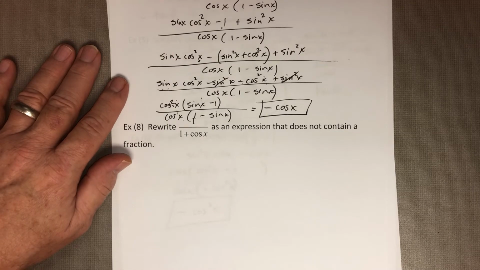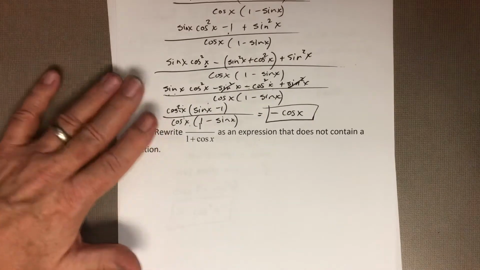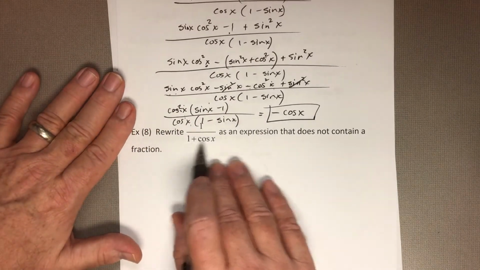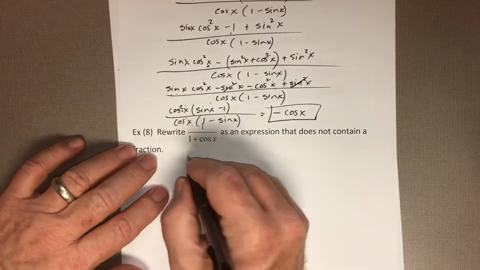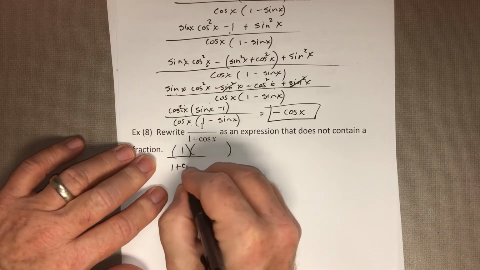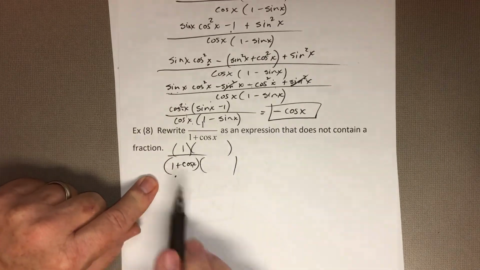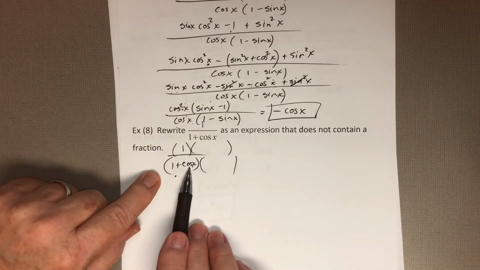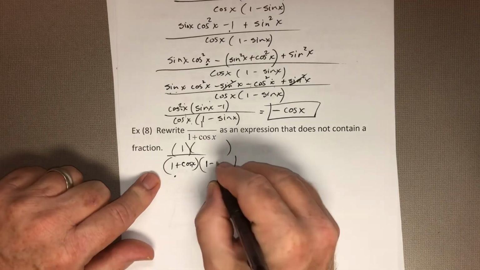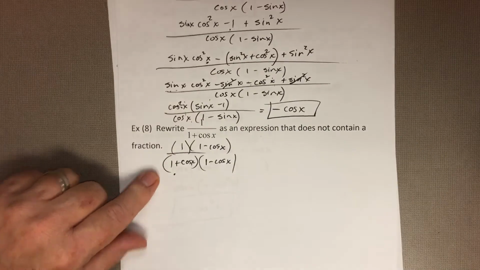If it's a difference, it'd be the sum. Well, this denominator is a sum, so I'm going to multiply the numerator and the denominator by the conjugate of this denominator. And the conjugate of 1 plus the cosine of x is 1 minus the cosine of x. This is a little technique that we use a lot.